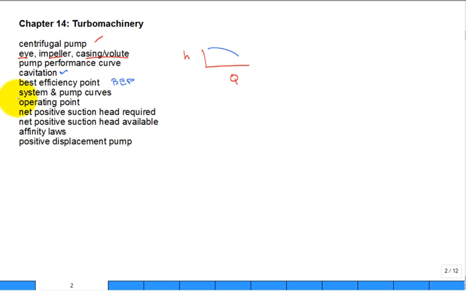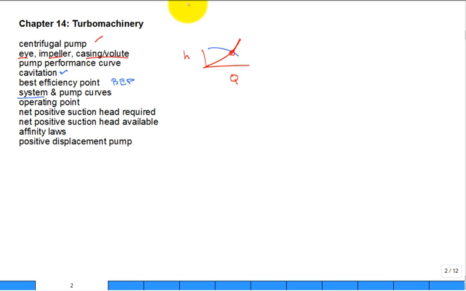You put a system curve with the pump curve, and that's where you'll get the operating point, the intersection. The system curve has a characteristic quadratic shape to it. If it's a closed system, the system curve goes through the origin, 0, 0, on the head versus capacity plot.